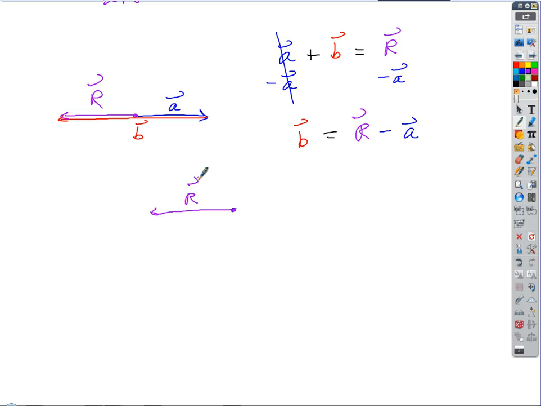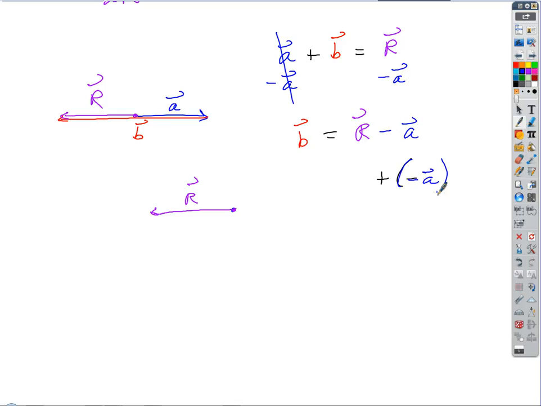Okay, so I could rewrite this as R plus negative A. What do you think it means when I multiply a vector by negative 1? Changes direction. Sure. Doesn't that make sense? Because wouldn't you agree that if my position vector is positive 2 meters, if I create the opposite by multiplying by -1, shouldn't that mean -2 meters, right?